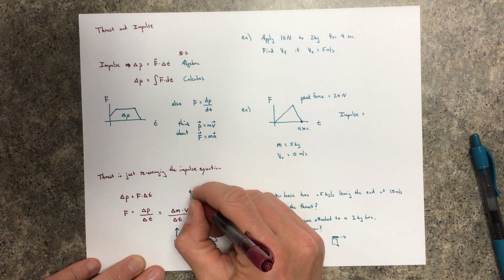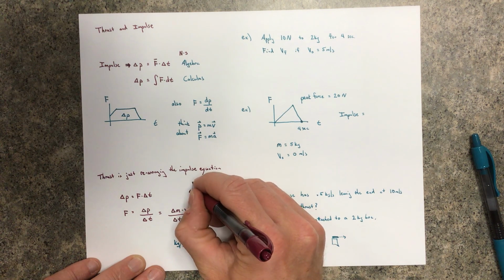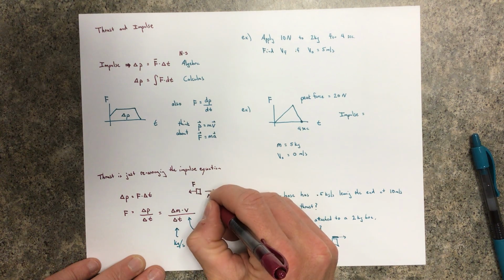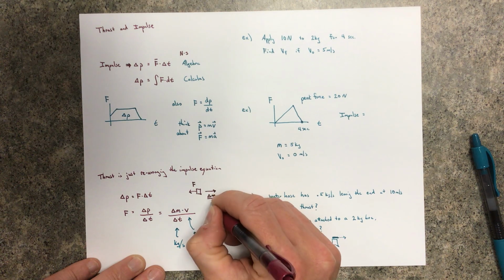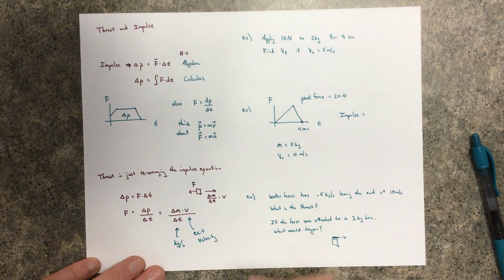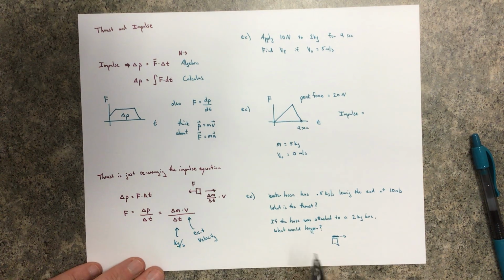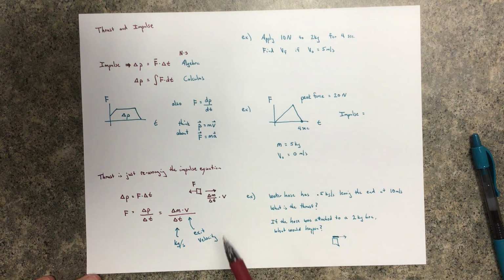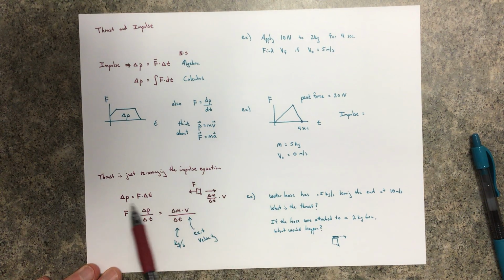If you want to know the thrust, all you have to tell me is how much mass per second you're ejecting, and then you multiply it by the escape velocity, or the exhaust velocity, or the exit velocity. Any of those words would be true. And this is the thrust equation. The force of the thrust is equal to the number of kilograms per second you're exhausting times the exhaust speed.